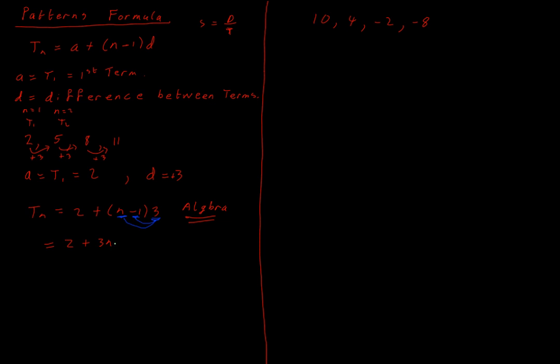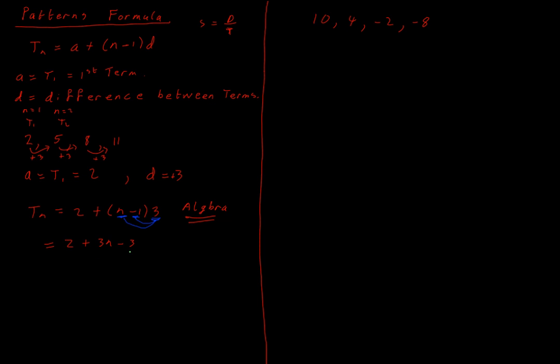We don't know what that works out to at the moment, so we're just going to call it 3 times n. And the way that we write that is just the number sitting next to the letter, just like the number sitting next to a bracket means multiply, a number sitting next to a letter means multiply. And then 3 multiplied by minus 1 is going to be minus 3. That part we already know how to do.